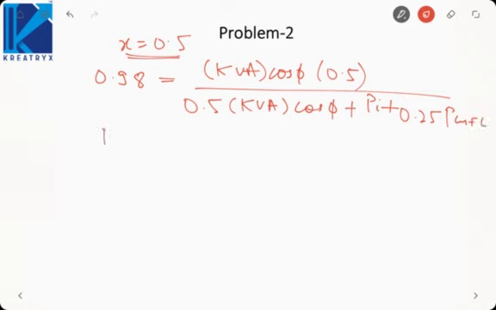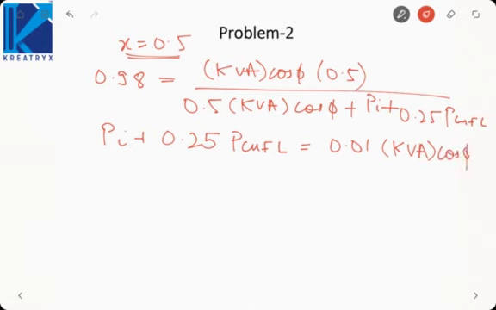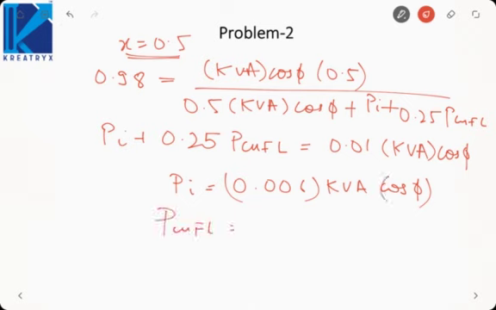Now if we calculate from here, Pi plus 0.25 PCU FL is equal to 0.01 kVA cos phi. Now we have two equations in Pi and PCU FL. If we solve these two equations, we will get Pi is 0.006 kVA cos phi and PCU FL is 0.0136 kVA cos phi.